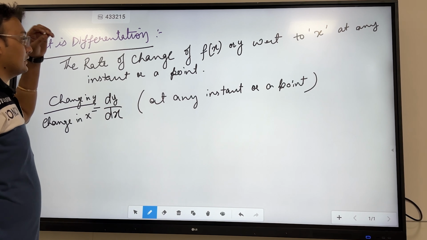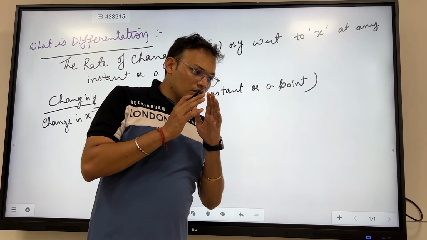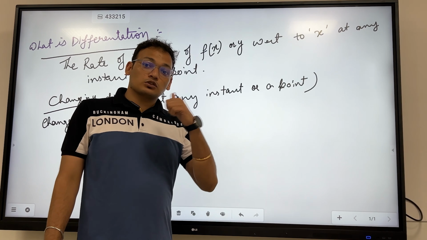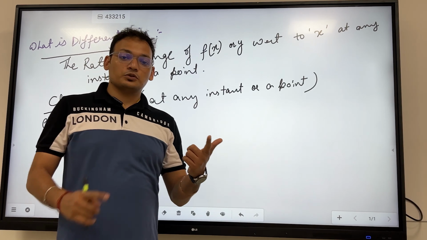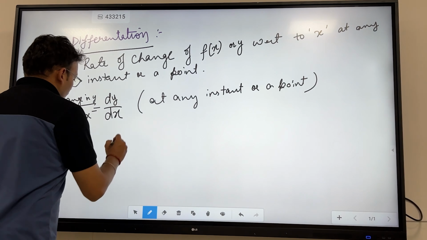So basically, now you must know about the slope, and you must know about the average rate of change. Now, what is slope?